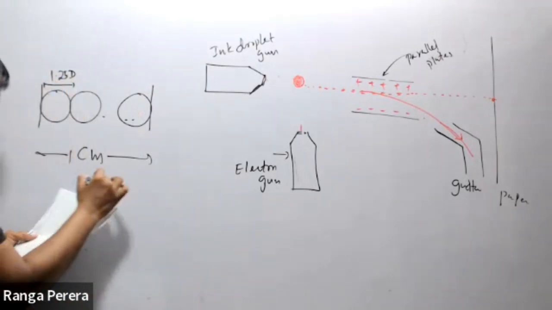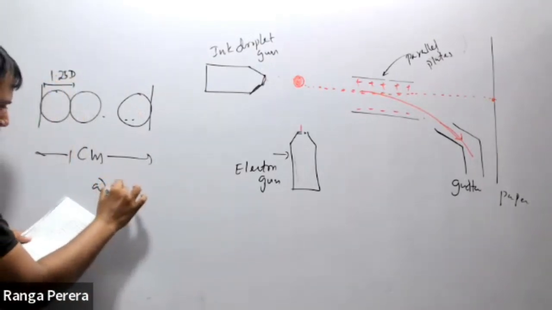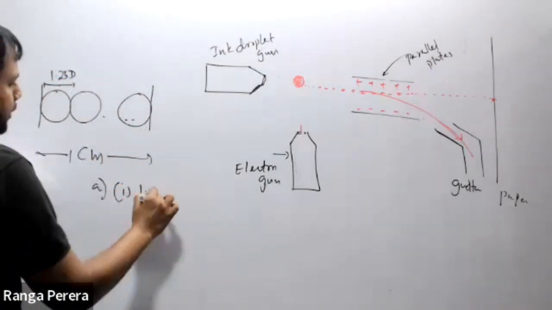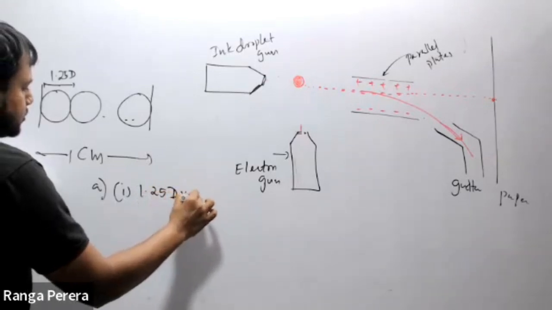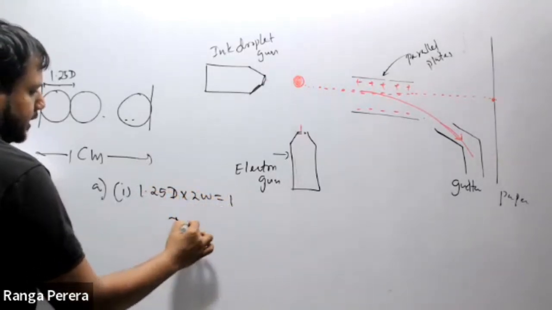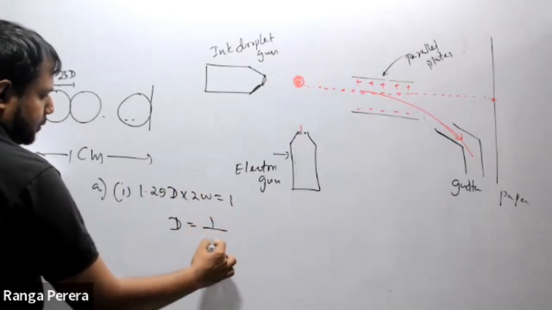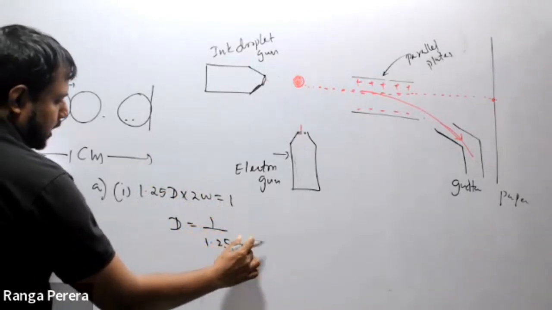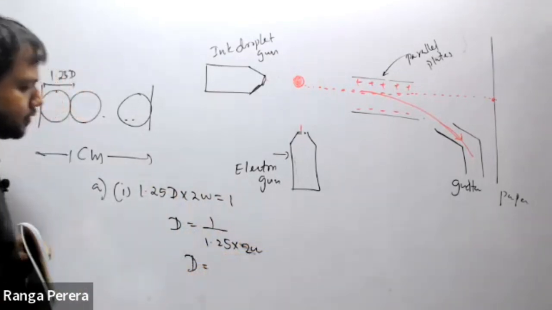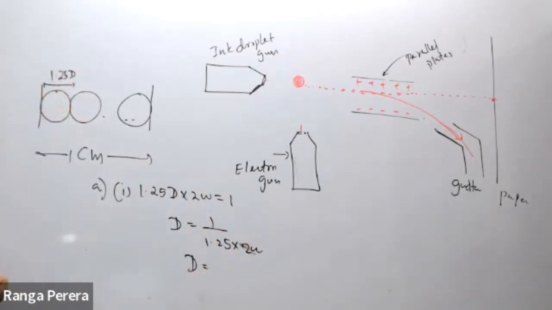I'm answering part A, part 1. 1.25 D into 200 must be equivalent to 1 centimeter. So D equals how much? 1.25 into 200. Can one of you tell me the value? 250, right?